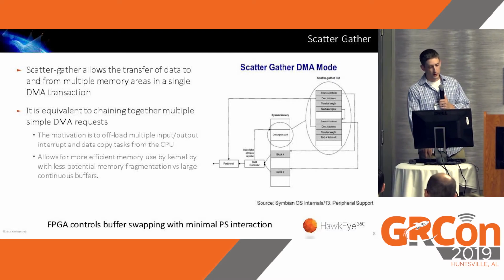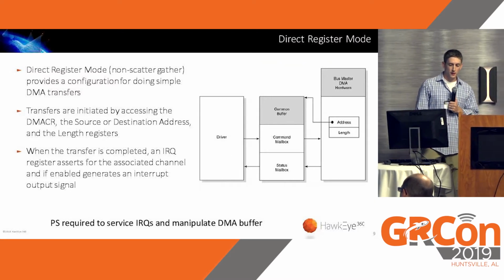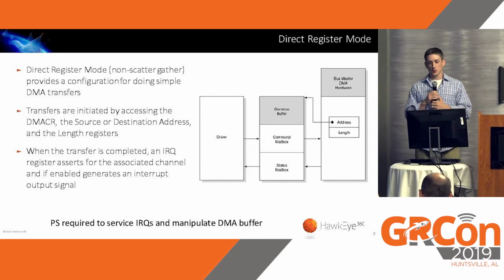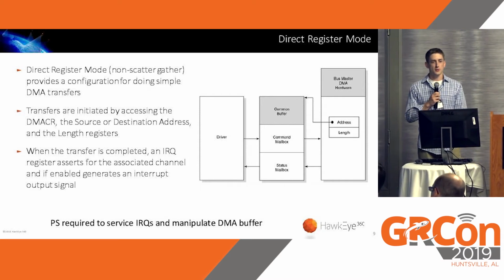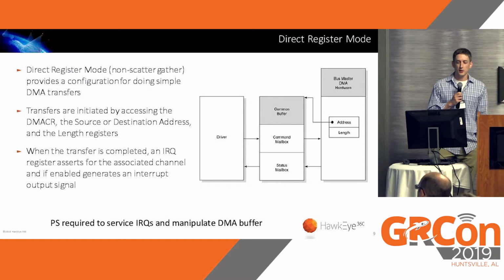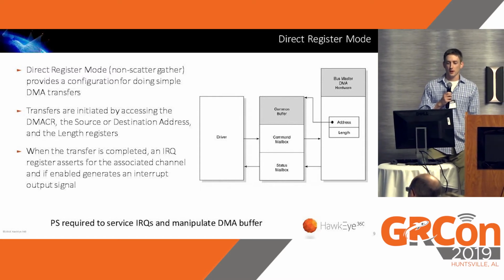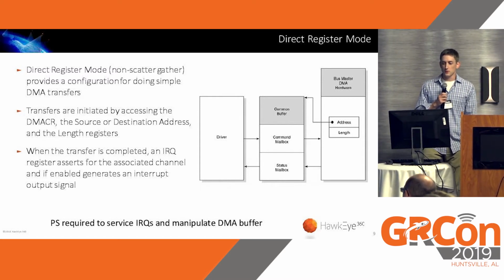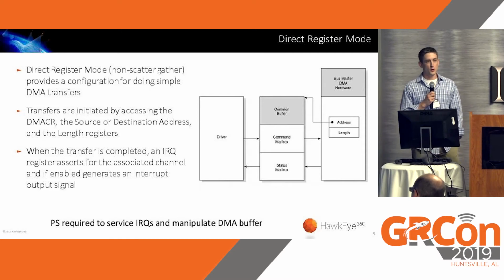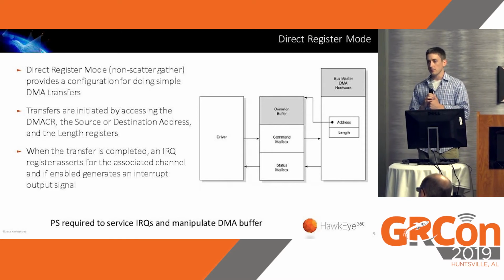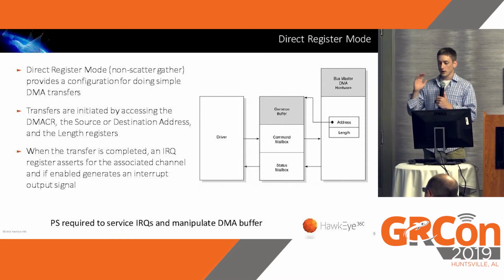This has the least amount of processing system interaction. The other version you could do is something that's called a direct register mode. I often call it the non-scatter-gather. So if you put the processor in the loop for every buffer transfer, then the processor will write the source address, write the destination address.